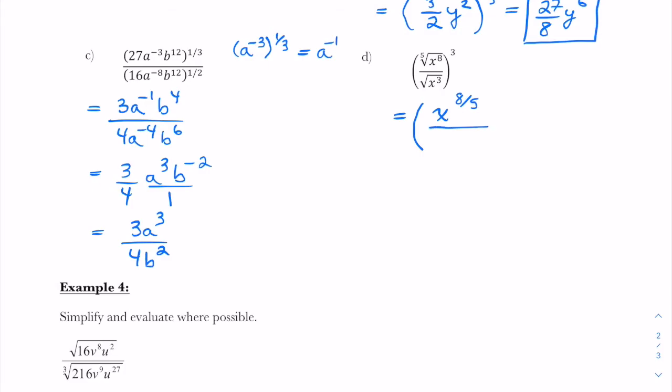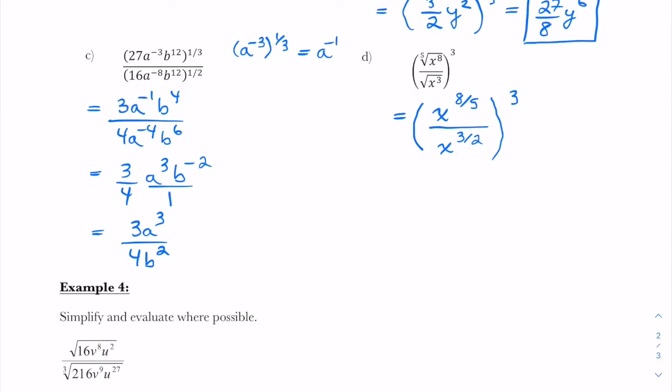Similarly, the square root of x to the 3 can be written as x to the exponent of 3 over 2. All of that is to the exponent 3. All right, now that we've changed this into rational exponents, we can go ahead and apply the exponent laws. So inside of the bracket, you're dividing powers with the same base. You're allowed to then keep the base and subtract the exponents.